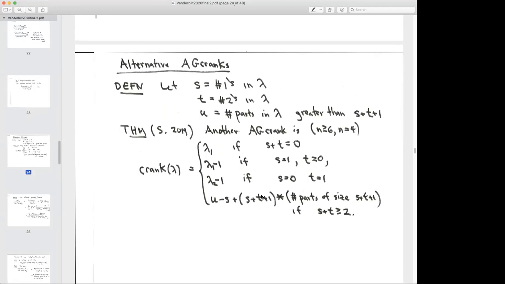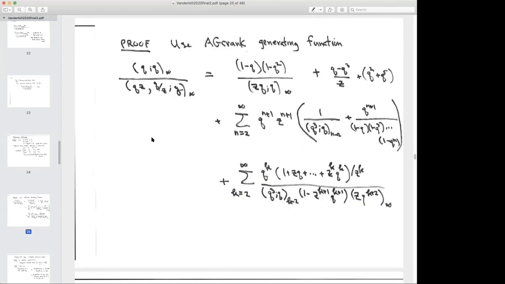So the theorem is that this also proves the Ramanujan congruences mod 5, 7, and 11. The only reason is this has the same identical generating function as the AG crank. And in fact, that's how you prove this.